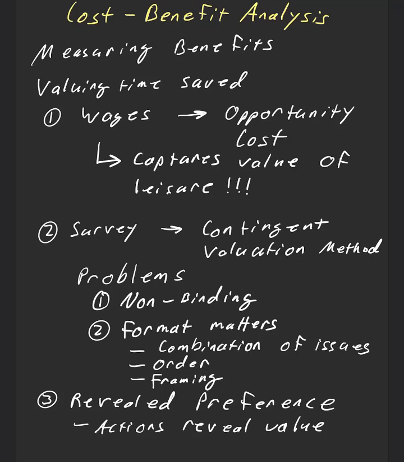Now, another big problem with surveys, contingent valuation method, is that the format matters, right? A combination of issues, what order you put them in, how you frame them, they all change the answer. So it's hard to know how do we get the right answer.